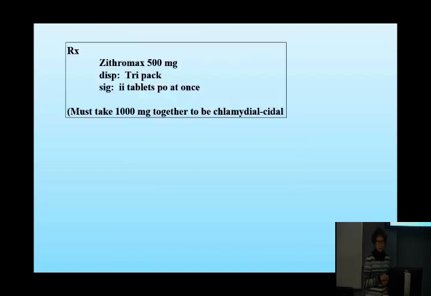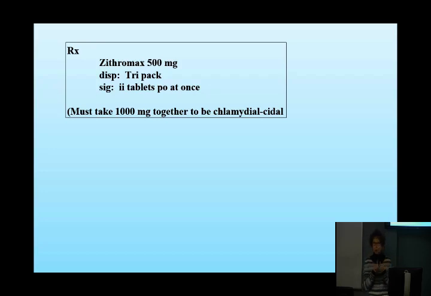The nice thing with chlamydia, if there is a nice thing, is that it is very susceptible to Zithromax. When we see somebody with chlamydia, 1,000 milligrams of Zithromax is chlamydicidal. It'll actually kill it in one dose. So what we normally do is prescribe a tri-pack of Zithromax, which is 3 pills of 500 milligrams each.